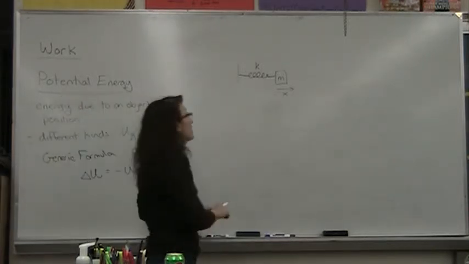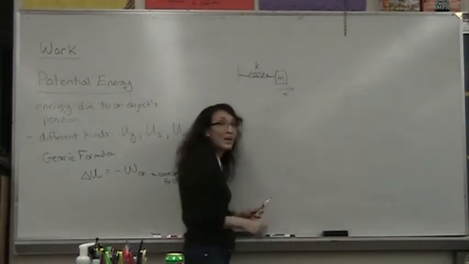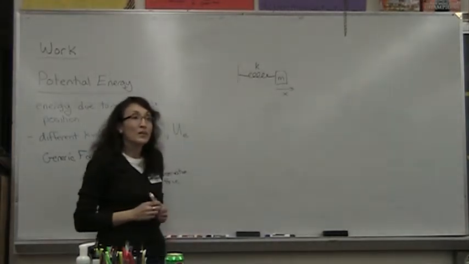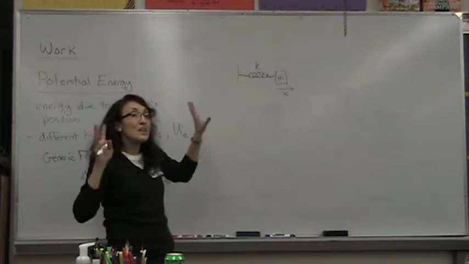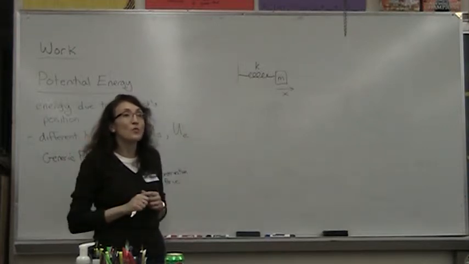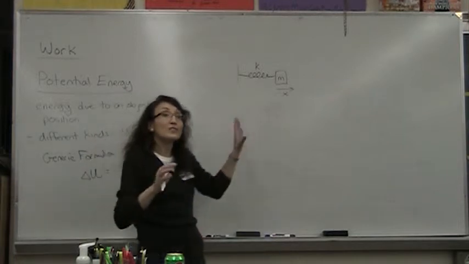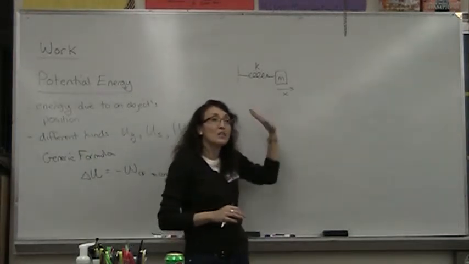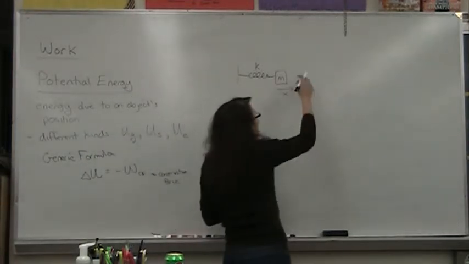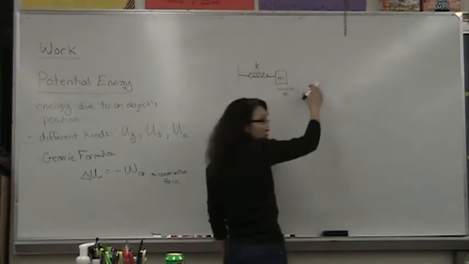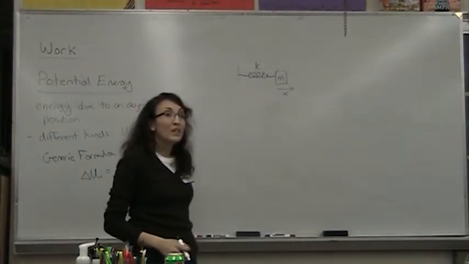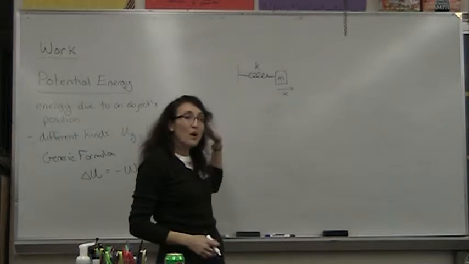If I sit here and hold this thing to the right, it's going to be stretched out. Does the spring now have the ability to do some work if I let go? Yes. So we're going to say the spring has potential energy stored in it. Because when I drag this and hold this at a position x, that spring doesn't want to be stretched.